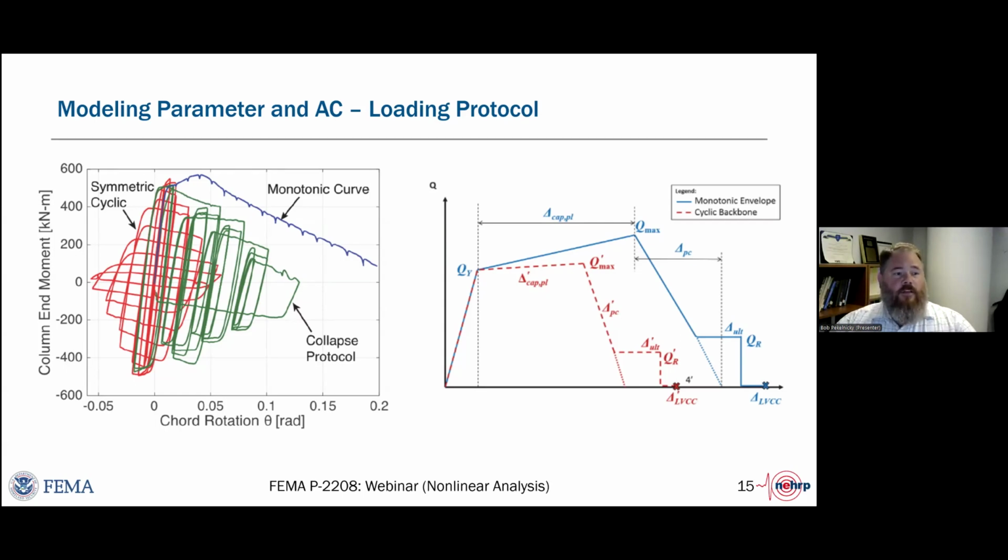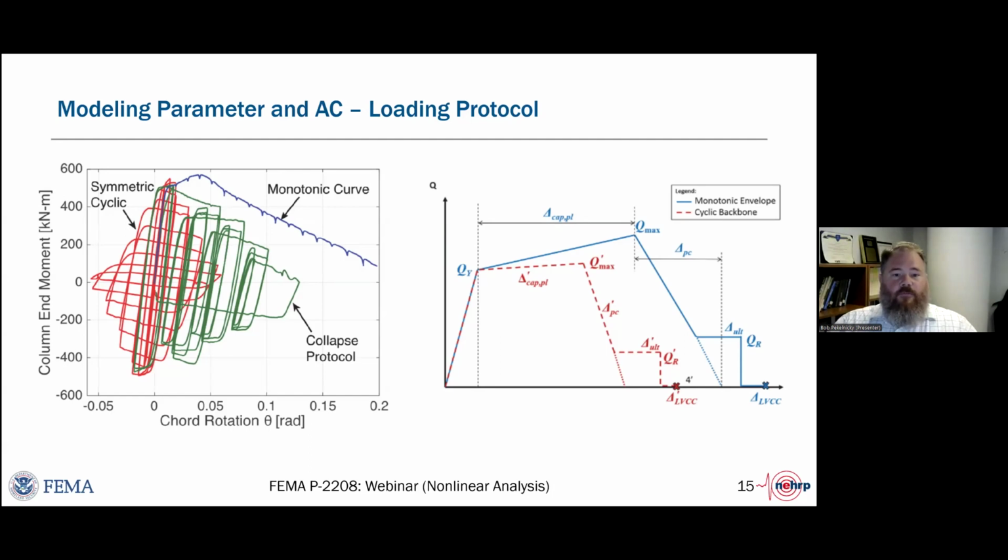And as you can see, looking at the red and blue curves on the left figure, it's a very different representation. And people have started theorizing and coming up with different collapse protocols, or loading protocols that would simulate collapse in a building, which in an earthquake is often a consequence of a strong initial pulse and then cycling in a deformed shape that is not symmetric.